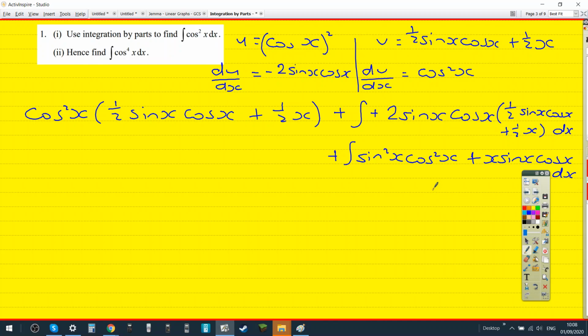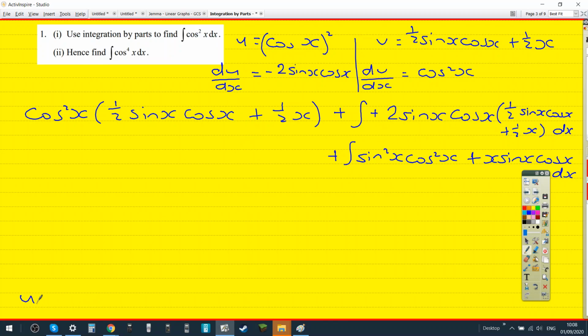Do you not need to multiply out the other side, like the cos squared x and half sine x cos x plus half x? I don't remember the formula.